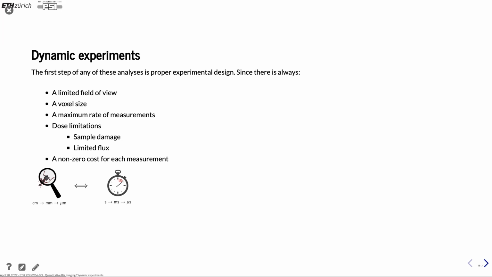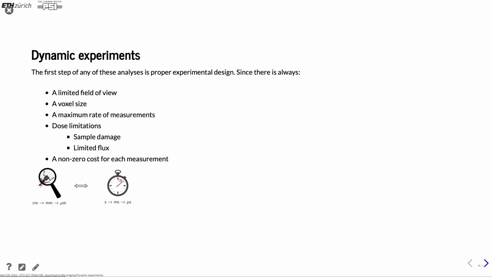On one side, in particular in my case, I'm looking at the neutrons. We usually don't have sufficient flux to do both a very high resolution in time and space. So we have to decide, should our pixels be larger, going for maybe centimeters, millimeters, micrometers?